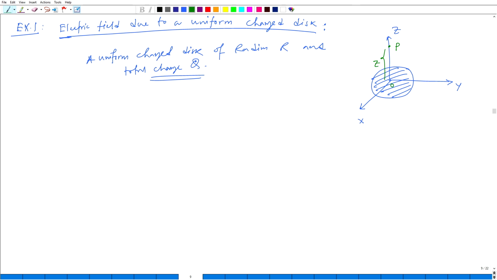Again we construct a small element. In this case we choose a small element with charge dq, because this is a surface; we consider an element on the surface and not a strip. We will continue this in the next class and calculate the electric field due to this charged disc, and then we go to the volume charge density. So, thank you.